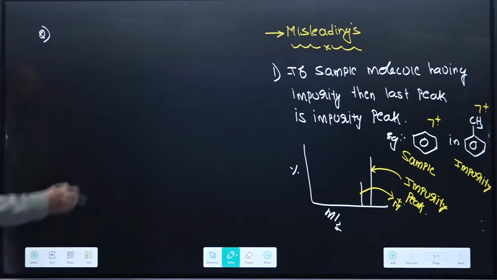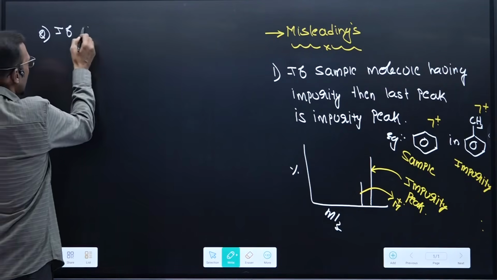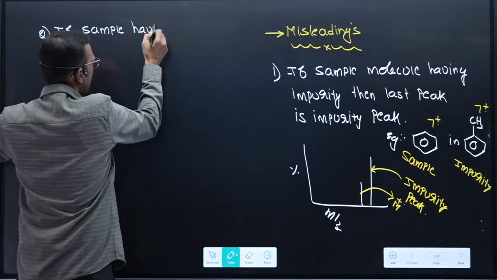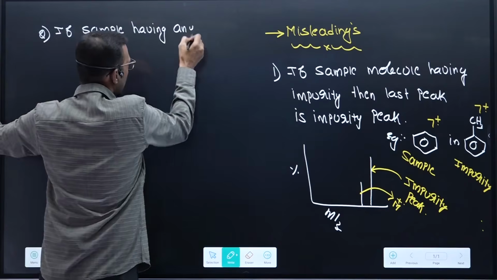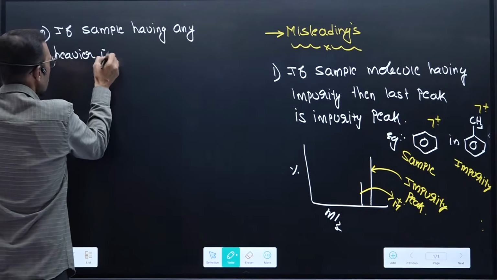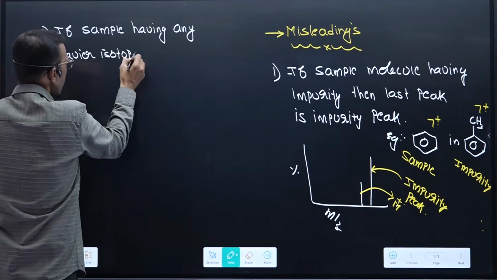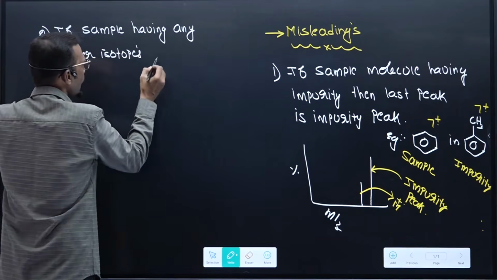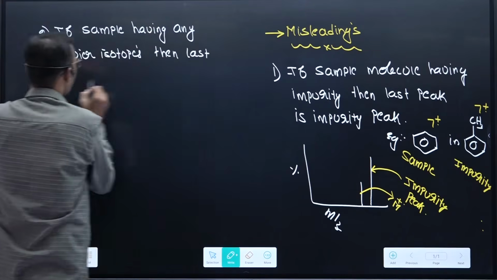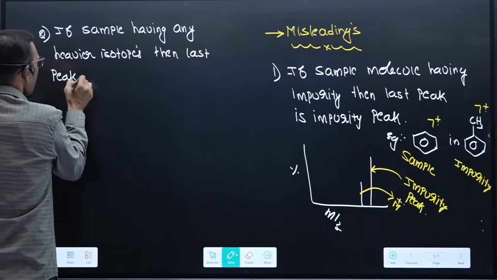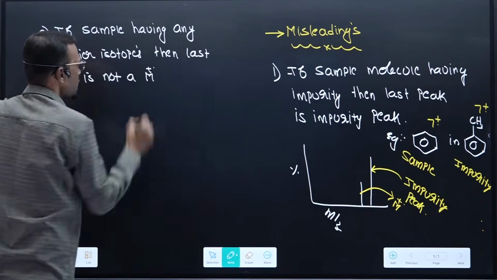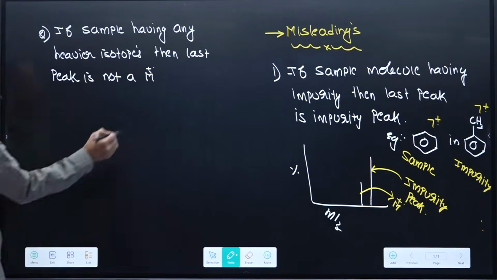Second possibility. Suppose the sample has any heavier isotope, then the last peak is not a molecular ion peak. Then what about the last peak?